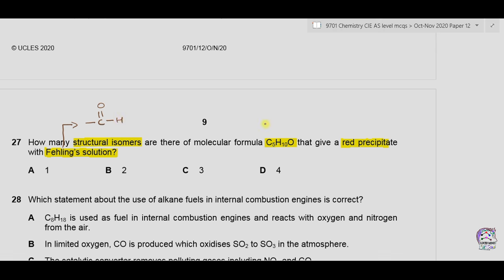Let's draw possible structures of C5H10O that are aldehydes. So we have 5 carbon atoms in the long chain. We can also have 4 carbon atoms in the long chain. And 1 carbon is acting as a substituent.